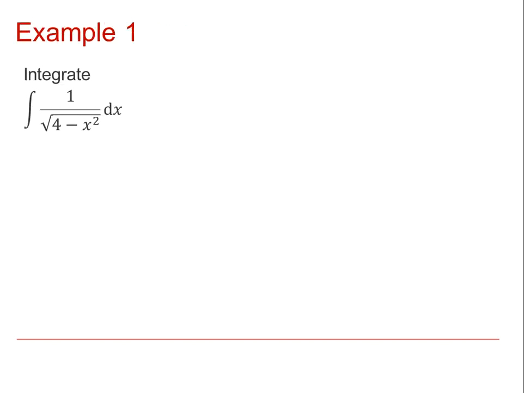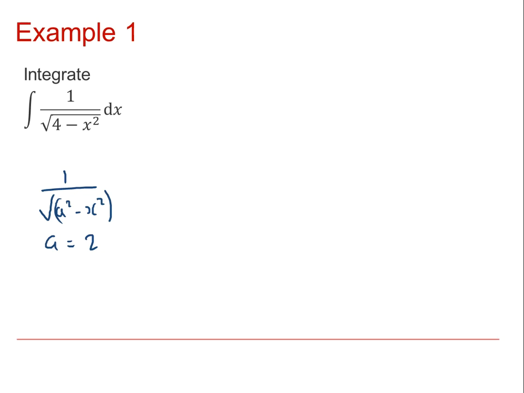As an example of that, let's consider this expression here, in which we've got 1 over the square root of 4 minus x squared. So this is just our integral where we've got 1 over the square root of a squared minus x squared dx, where a is equal to 2.